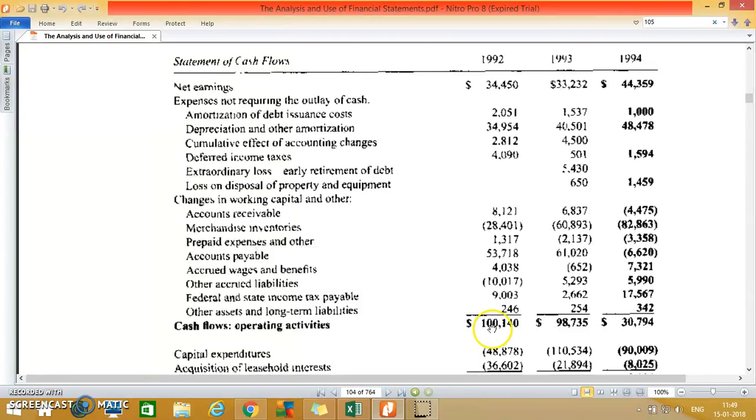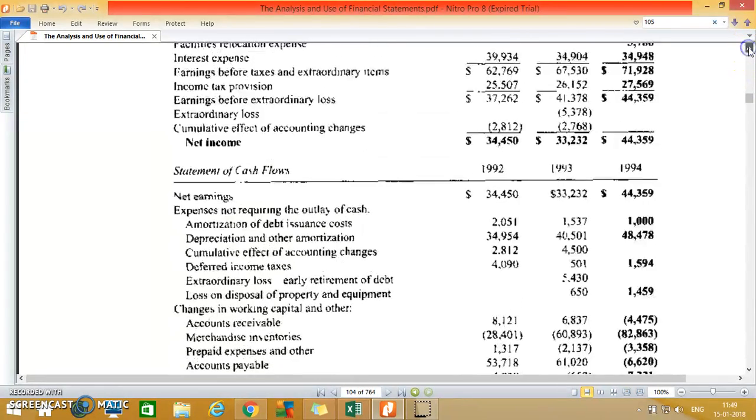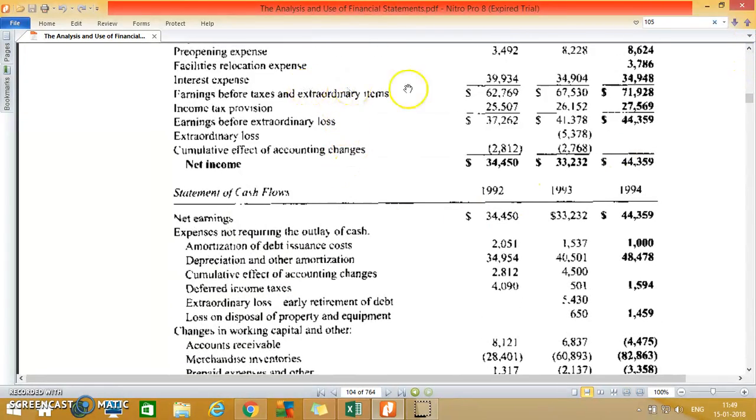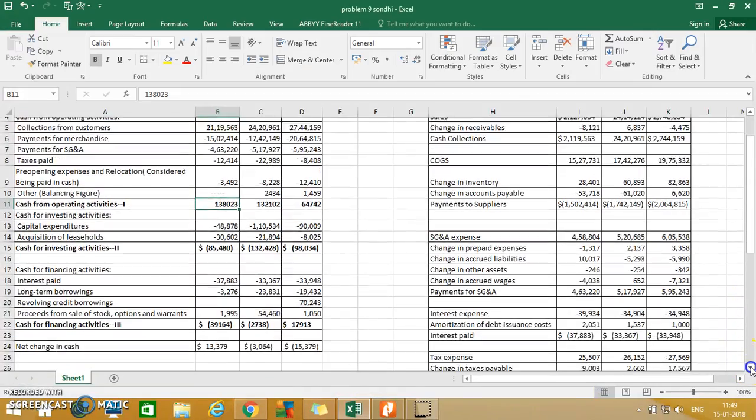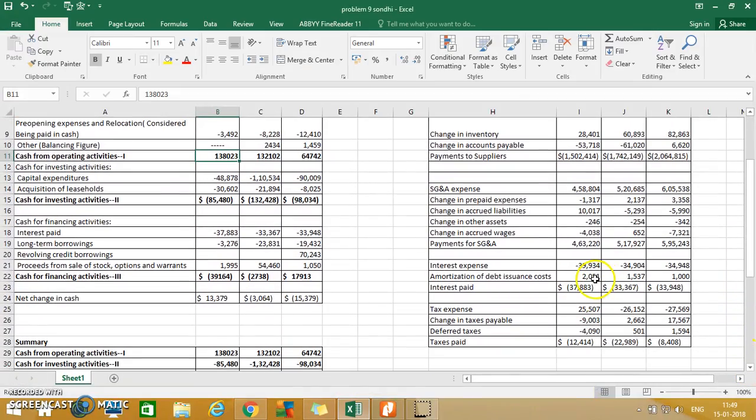How did we get it? To this $100 billion, I have added back the interest, which is $39 billion here, and also the adjustment that we have done to the amortization of the issuance cost.